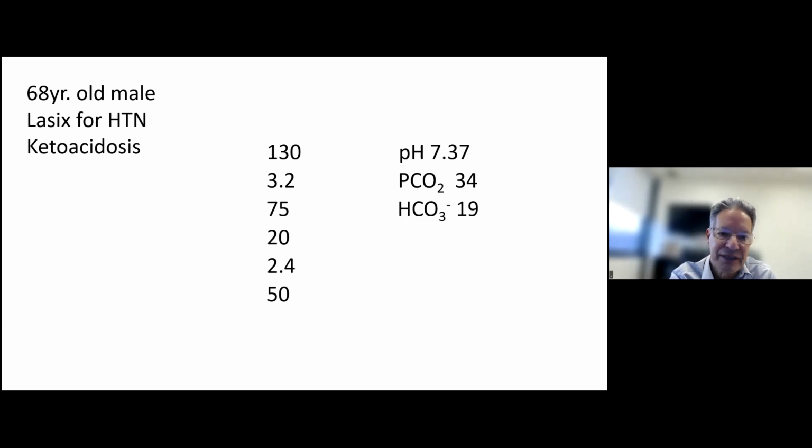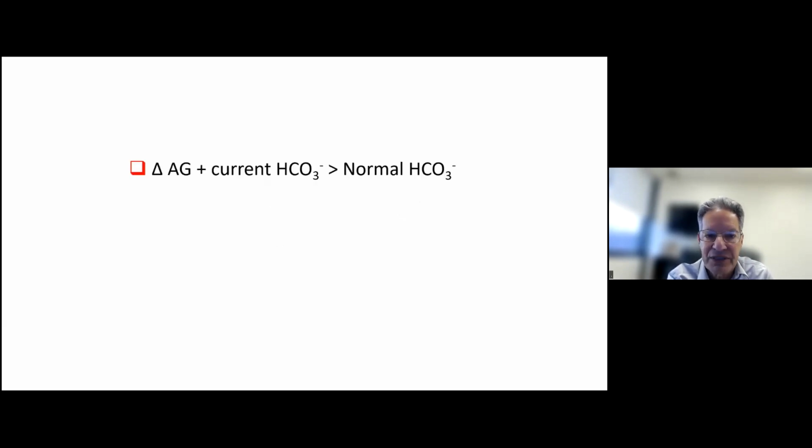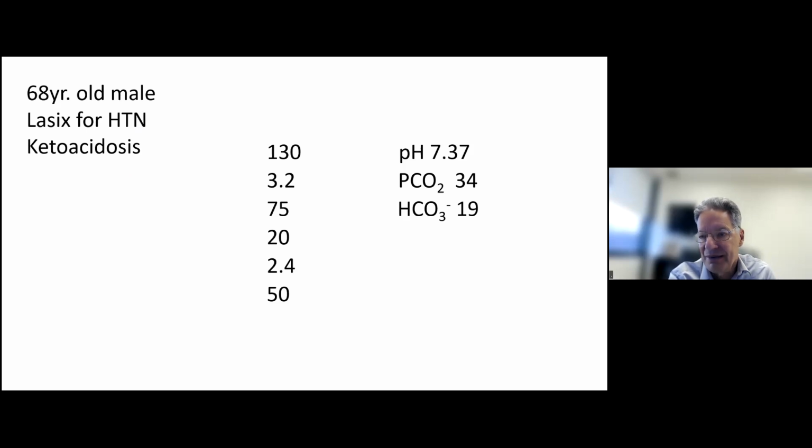So here is that second type of thinking where you always must add the change in the anion gap to the current bicarbonate. And if you don't get a bicarbonate of 24, 25, by definition, you have another acid-base disorder present, because you can't have an anion gap that's so elevated with a normal bicarbonate unless you have something else that was elevating the bicarbonate and making it higher than you would have thought otherwise.